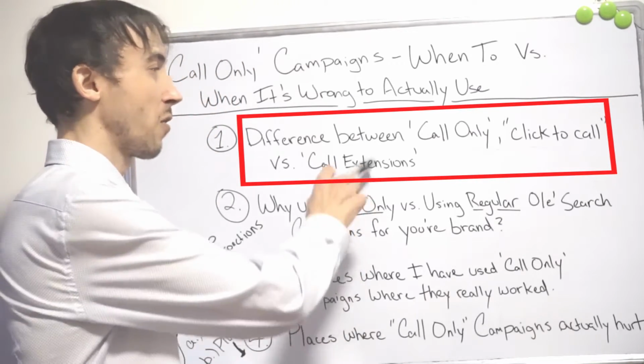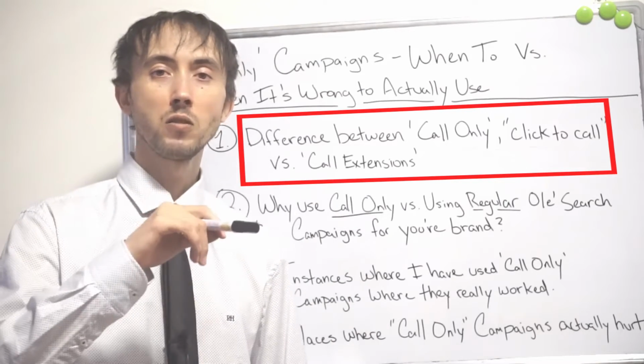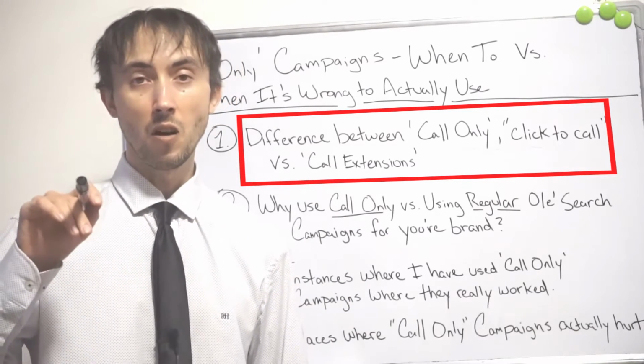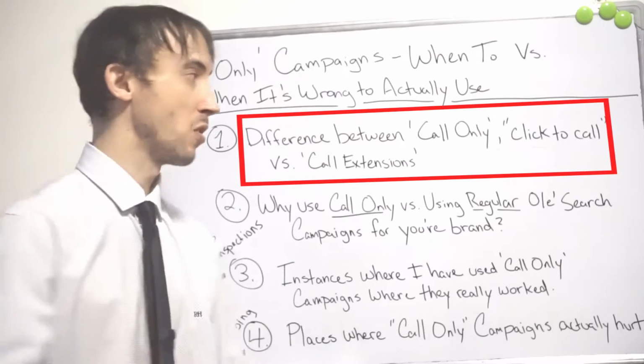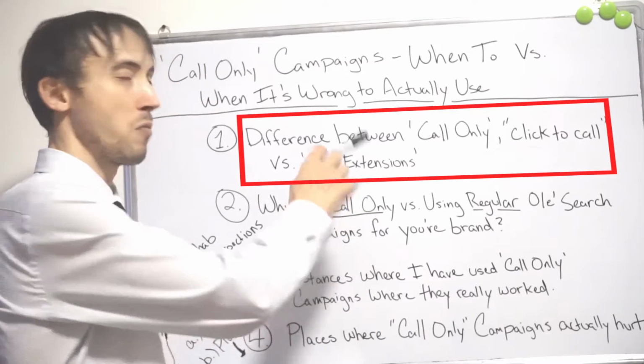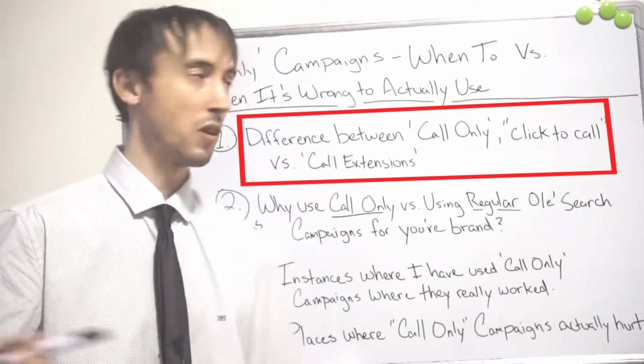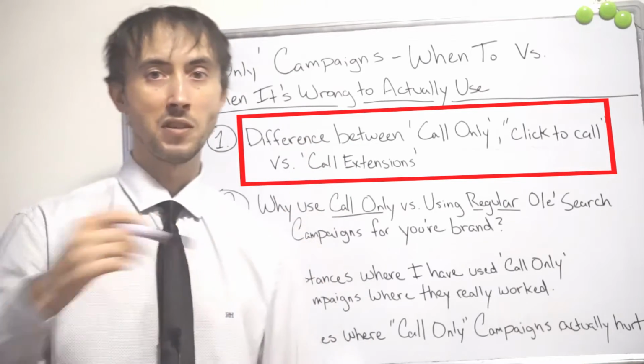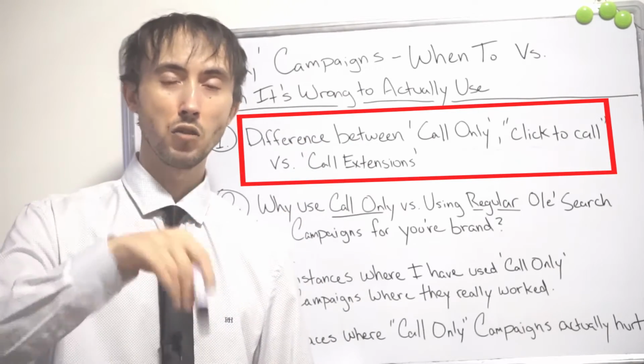If I do have call extensions, by the way, I will also set up a separate tracking number. On the search campaigns where I'm using call extensions, I'll use one tracking number. If I have call-only campaigns, I'll set up another tracking number in CallRail so I can track them separately.